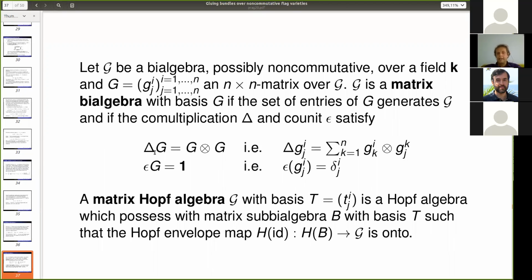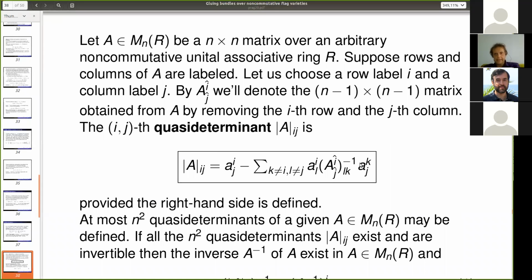They form a bialgebra, and this is the rule. Instead of the multiplication rule of matrices, you go the other way around for functions. You just dualize. And this is a matrix Hopf algebra. We call such things matrix bialgebras, and a matrix Hopf algebra is a slightly subtler version of that.